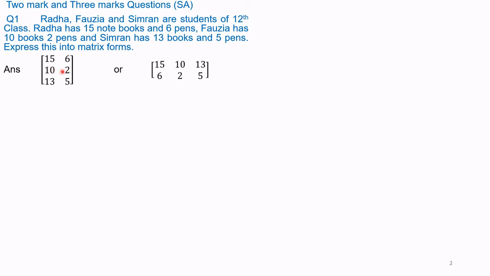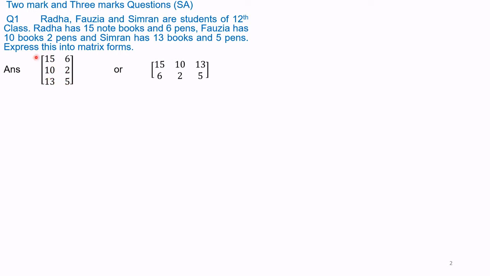She has 10 notebooks and 2 pens, so it is written in row 2, column 1 is notebooks and column 2 is pens. In row 3, we will write for Simran. Simran has 13 notebooks and 5 pens, so they are written in column 1 and column 2 respectively.